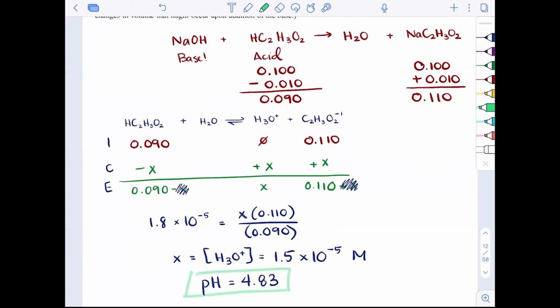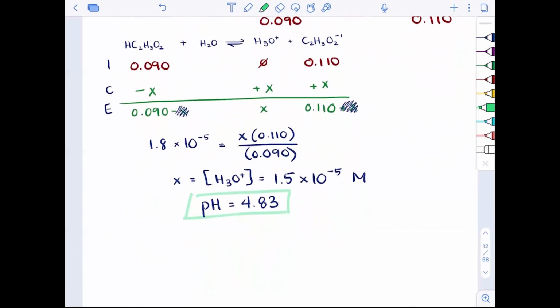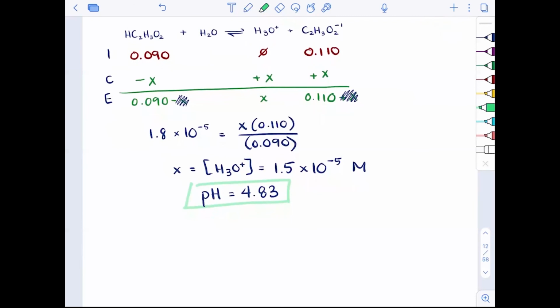Awesome. Could you have used the Henderson-Hasselbalch equation? Absolutely, you totally could have. That is an alternative approach to this because, again, whenever you can use an ICE table and do the assumption rule, you could have also done the Henderson-Hasselbalch equation.